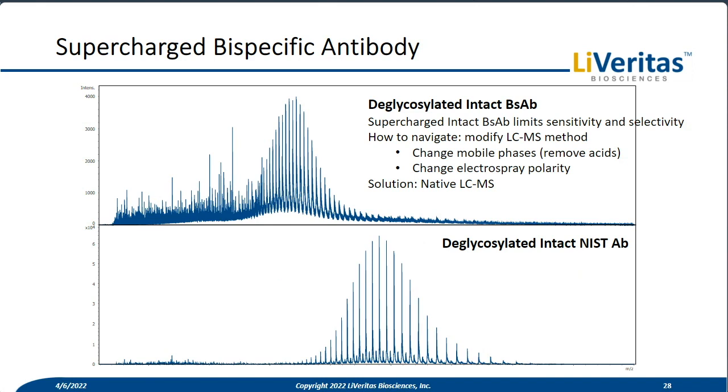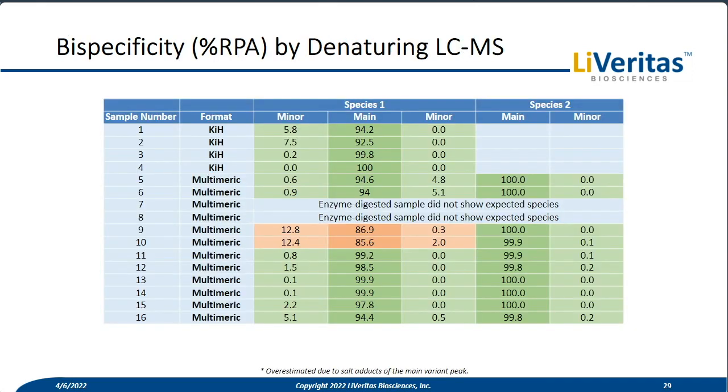And here they are, 16 samples of knobs and holes format and the multimeric format, showing the main species, species 1, and the 2 minor species, and also for the multimeric forms of samples we received, looking as well for the bispecificity of species number 2.